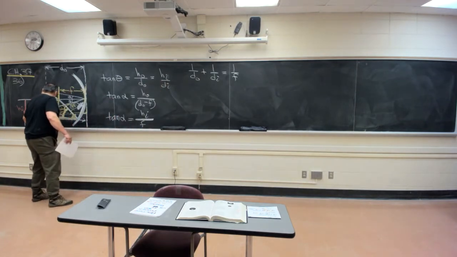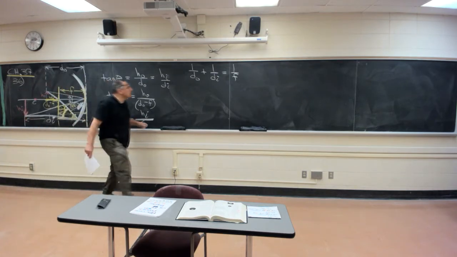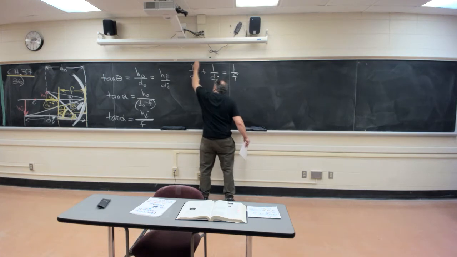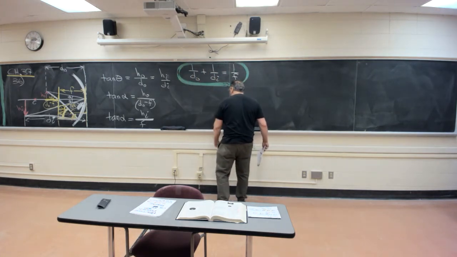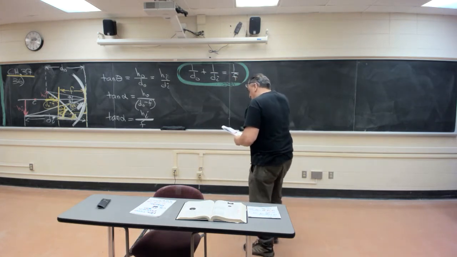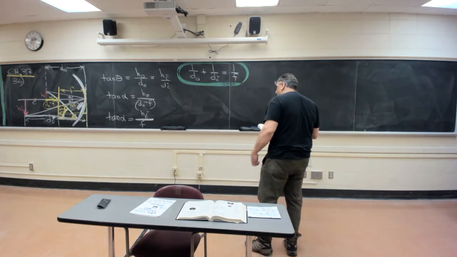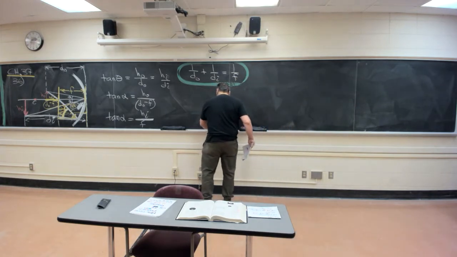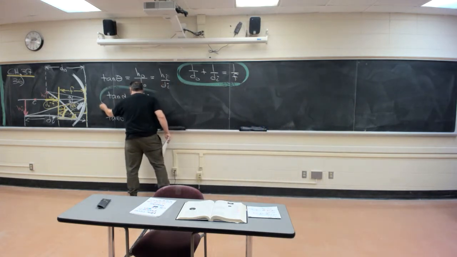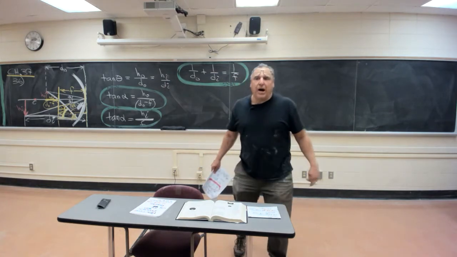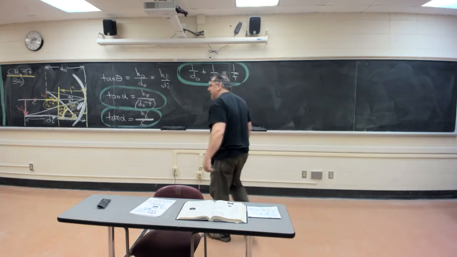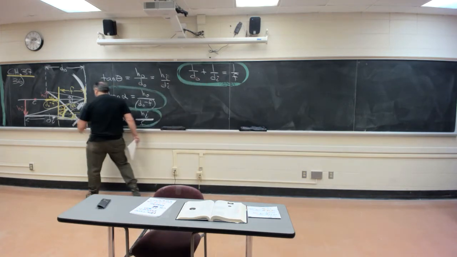So let's see what we got here. That's where we're trying to go. Let's see if we can get there. We already said this, and we said that this is at least approximately right, if f is not too much bigger than the curve right here.